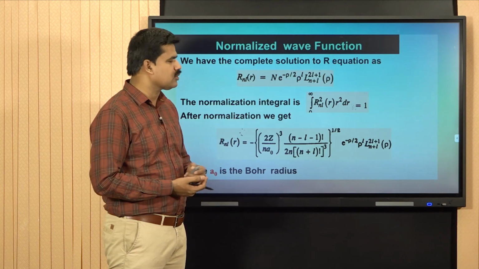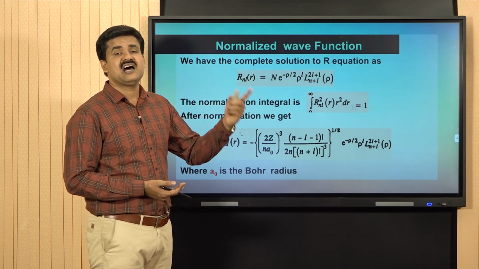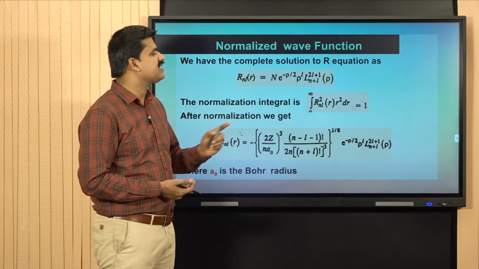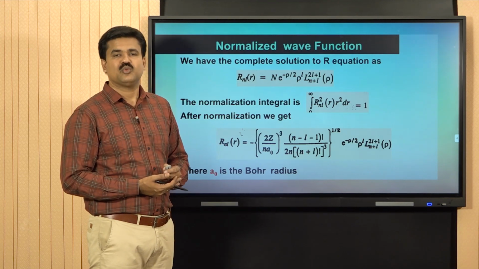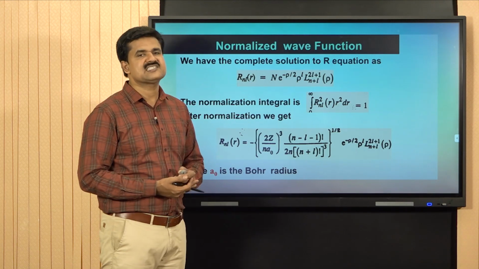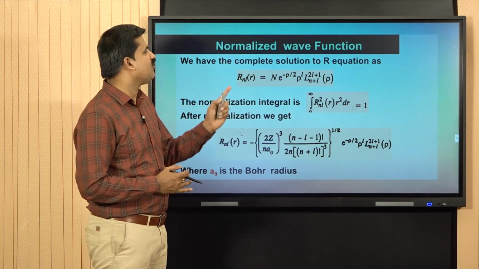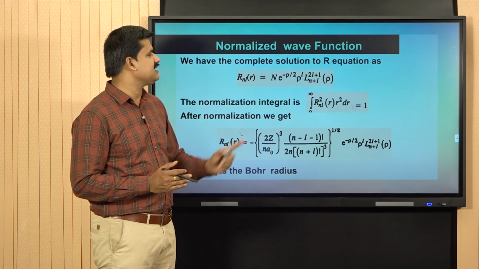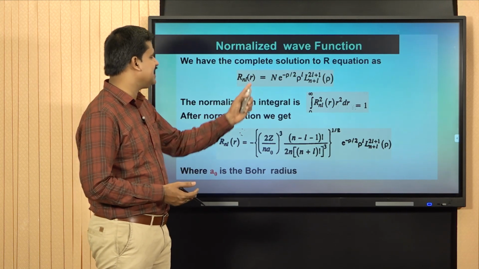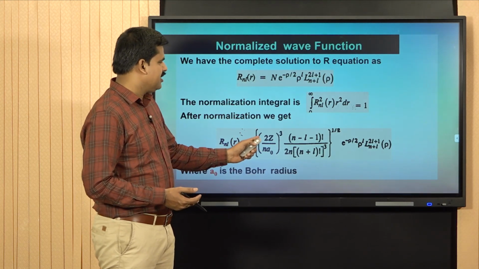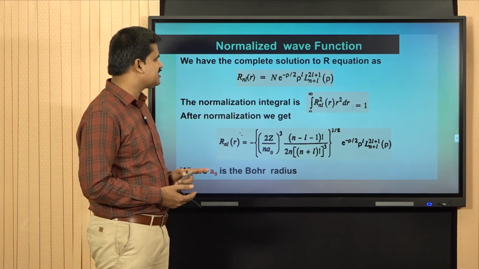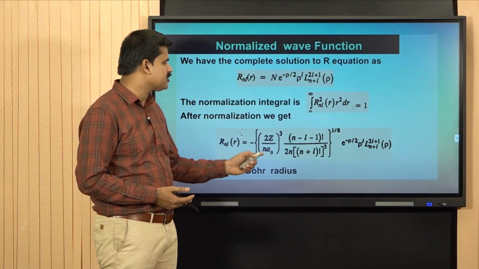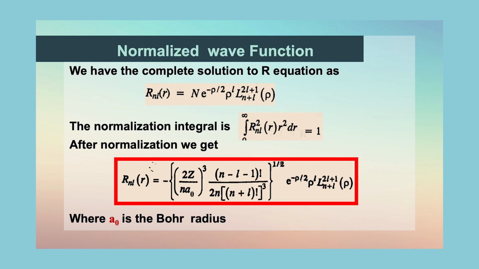And the integral from 0 to infinity of R n L of r square dr must be equal to 1. And this normalization condition yields the value of the normalization constant N, by incorporating the value of the normalization constant N as 2Z by n a0 the whole raised to 3, n minus L minus 1 factorial divided by 2n into n plus L factorial the whole cube, the whole raised to 1 by 2.